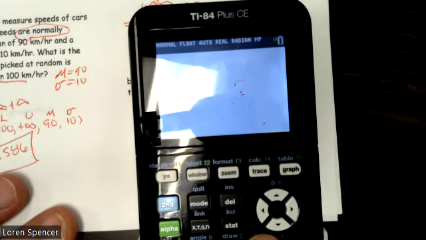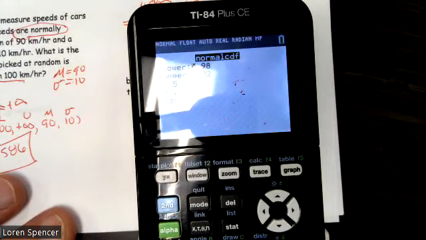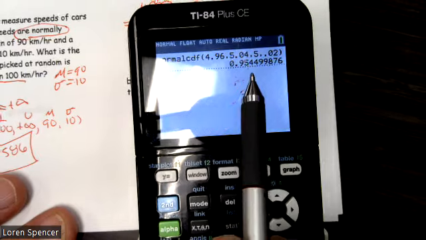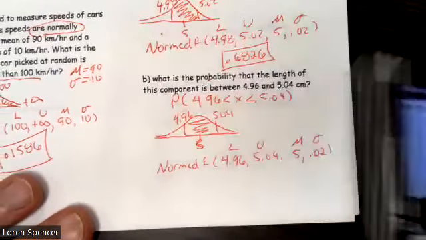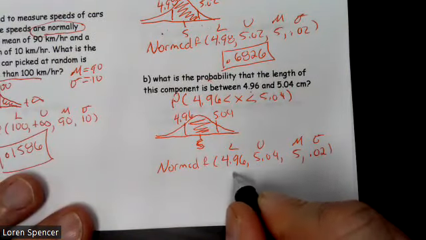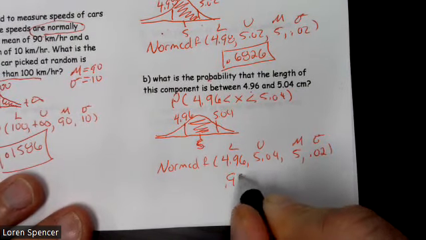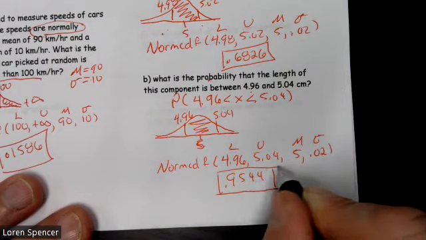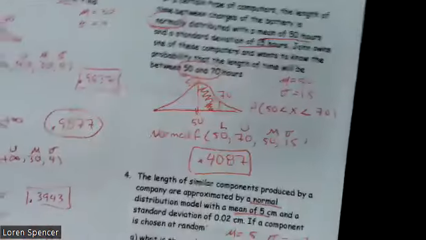This is going to be a little bit different, but it's close. So 4.96, upper 5.04, mean of 5, standard deviation 0.02, and we end up getting 0.9544. It's not exactly 95%, but it's pretty close.